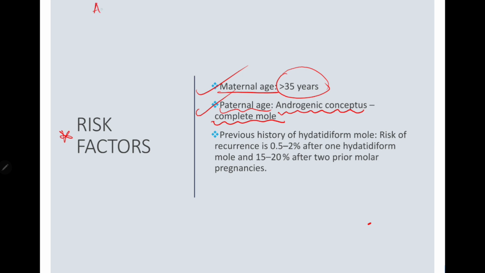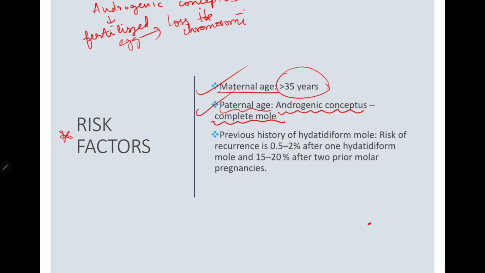Okay, so what do you mean by androgenic conceptus? Androgenic conceptus means a fertilized egg loses its chromosomes, and then it is fertilized by one or two sperms. Therefore it has only paternal chromosomes.